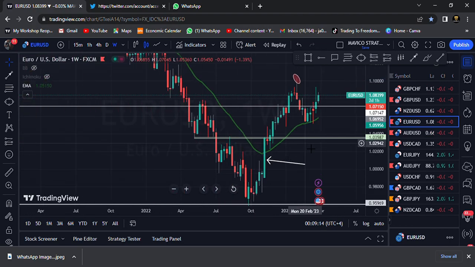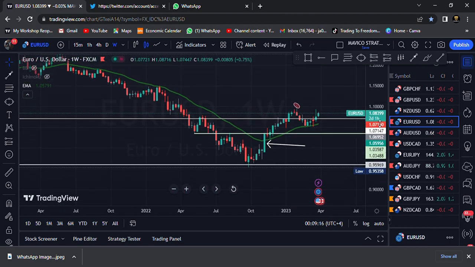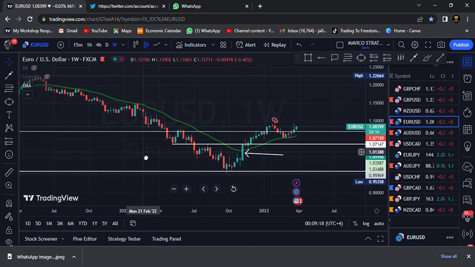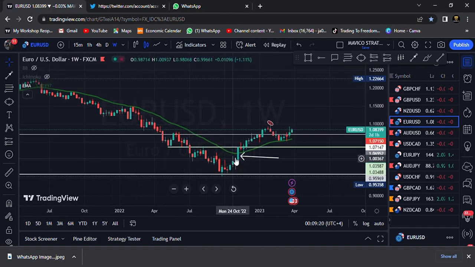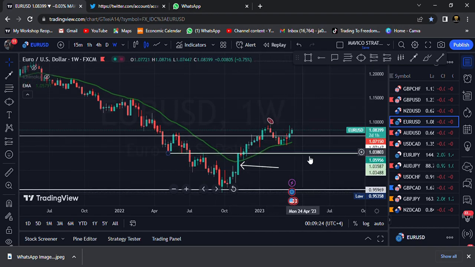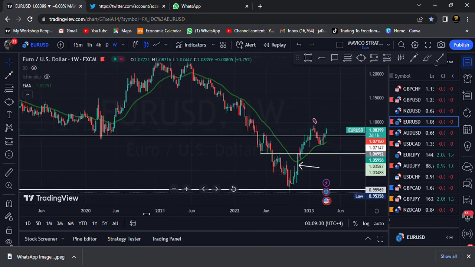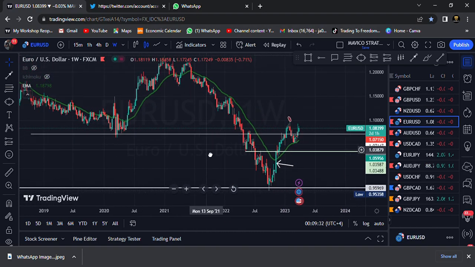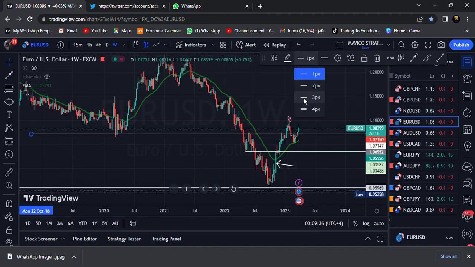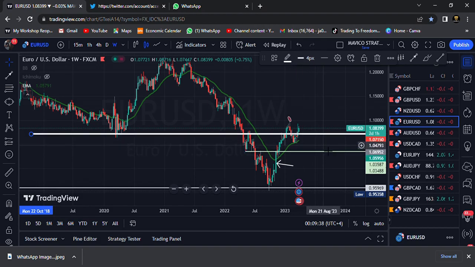And as usual, we look at the structure, you can see it has clearly broken the moving average, and it's trading now above the moving average. So it has already broken also this key level. Yeah, this key level here, it has broken that key level and retested.